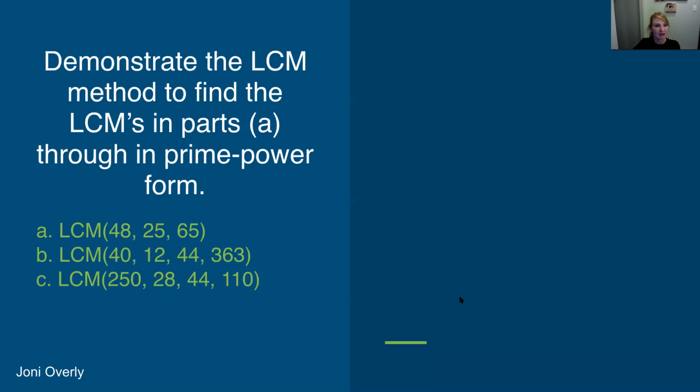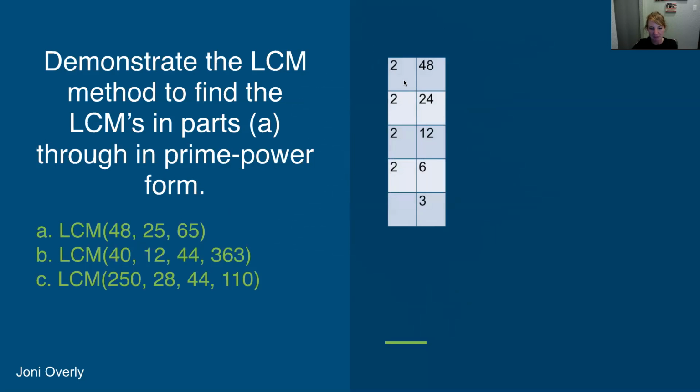Okay. So next, in our slide 4, we are just going to demonstrate the least common multiple method to find the least common multiples in parts A through in prime power form. So starting with A, we're going to find the least common multiple of 48, 25, and 65. So we're going to start with 48. 2 divides into 48, leaving 24.